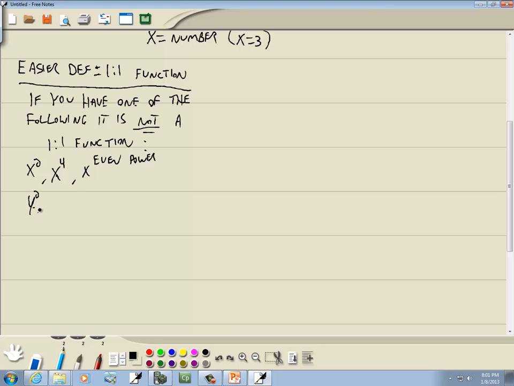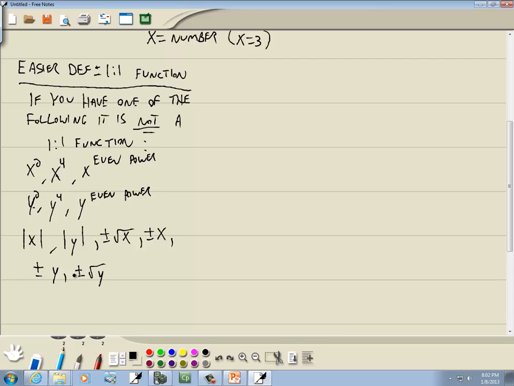If you have a y squared, y to the fourth, or y to an even power, it's not a function. If you have absolute value of x, absolute value of y, plus or minus square root of x, plus or minus x of any sort, plus or minus y, plus or minus square root of y.